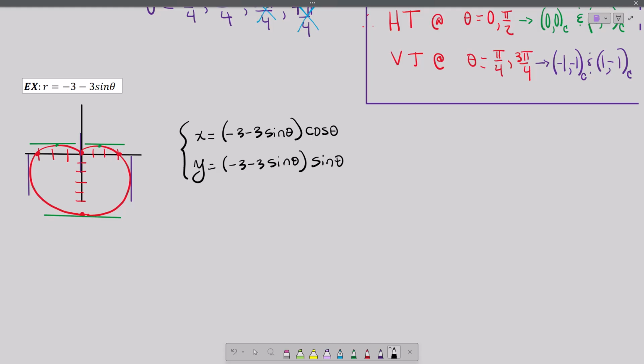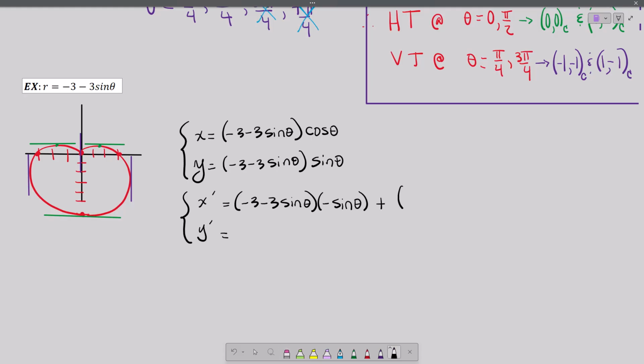Okay, so we need the derivatives. So let's go ahead and do that. Yes, we have to use product rule again. It should be familiar to you by now. It's a known pain that we experience. So first, derivative of second, plus the derivative of the first times the second.